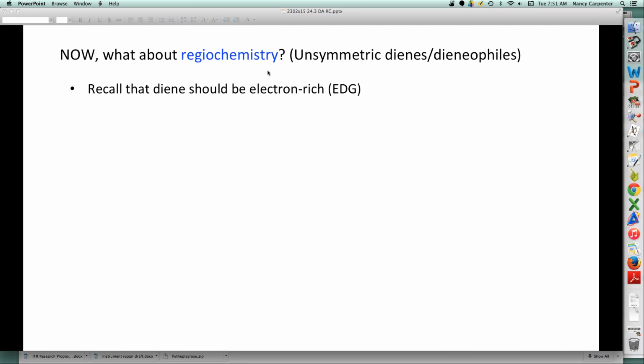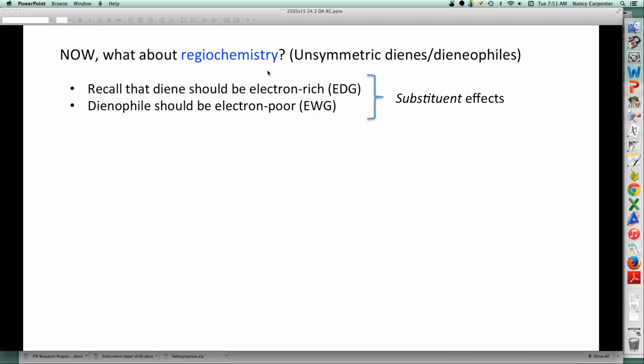If we keep in mind that the diene, having two double bonds, is the electron-rich HOMO, the donor, and the dienophile is the, relatively speaking, electron-poor acceptor, then it turns out that the substituents on the diene and the substituents on the dienophile will play a really important role in guiding regiochemistry. And the nicest thing of all, it's a great review of resonance.